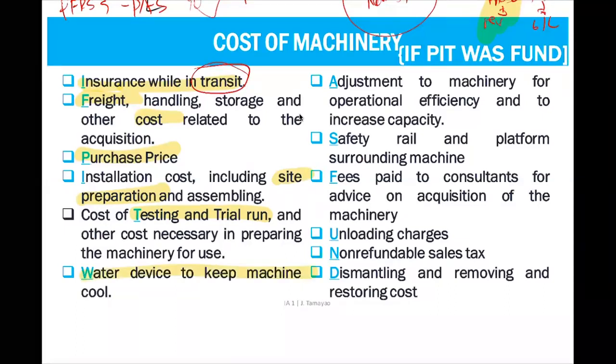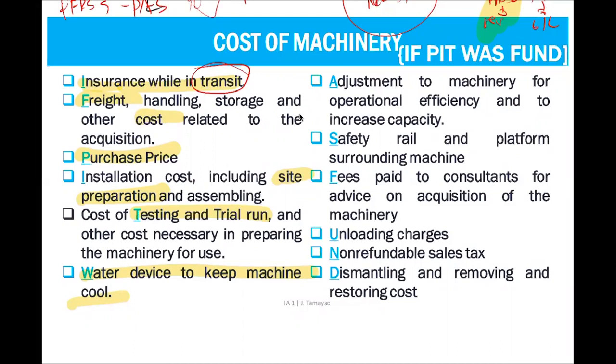Next, you have your water device to keep machine cool. Why? Because machineries normally are prone to overheat. And they place a water cooling system for that machinery, and that water cooling system should be included as cost of your machinery. Next, we have your adjustments to machinery for operational efficiency and to increase capacity.